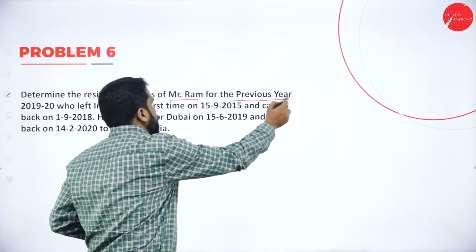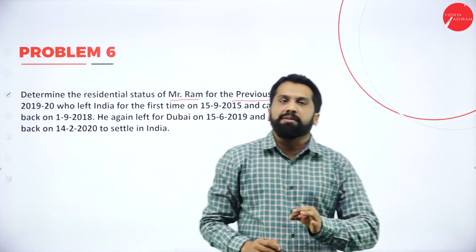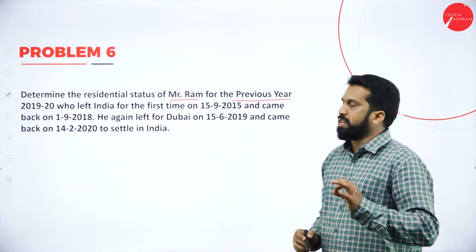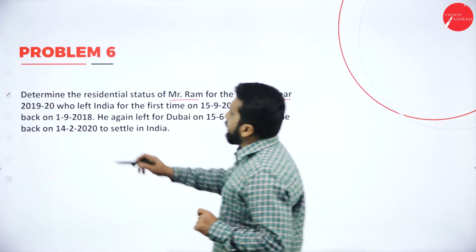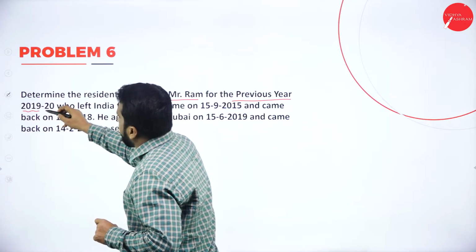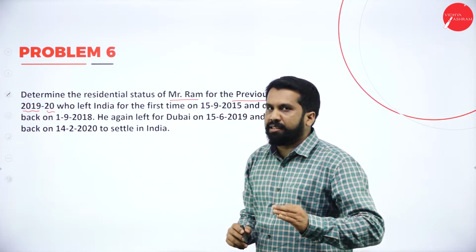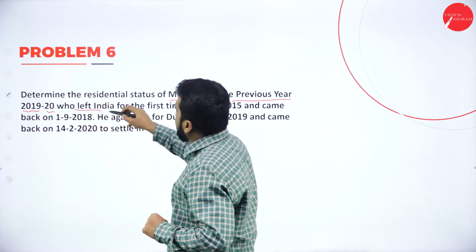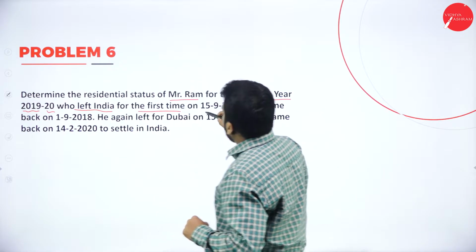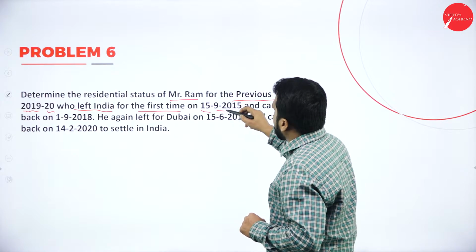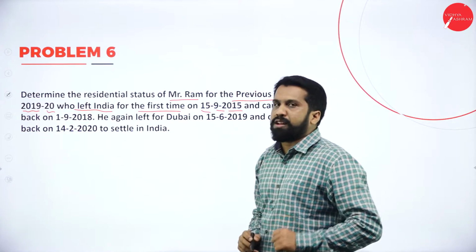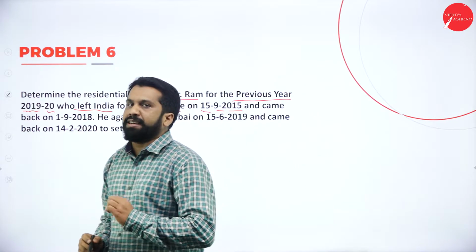Ram for the previous year. You have to find out the residential status. Now, as per 2019-20, he left India for the first time on 15th September 2015. First time he left India.